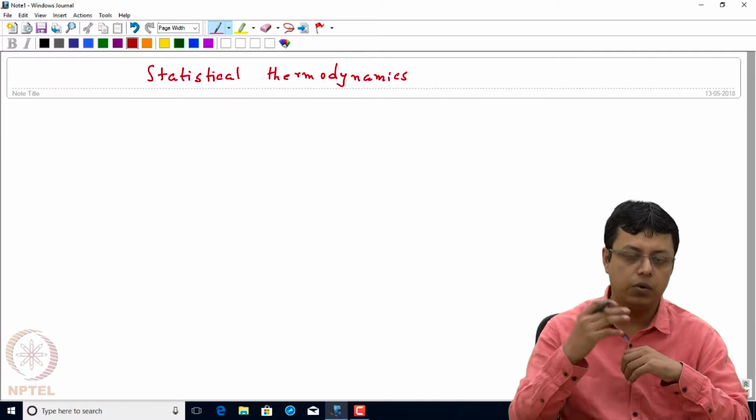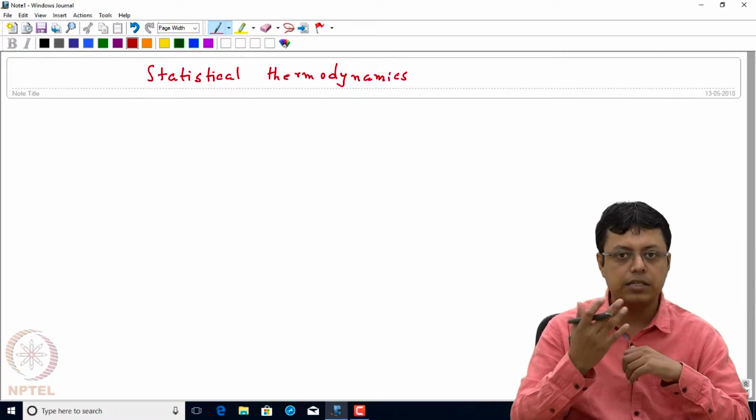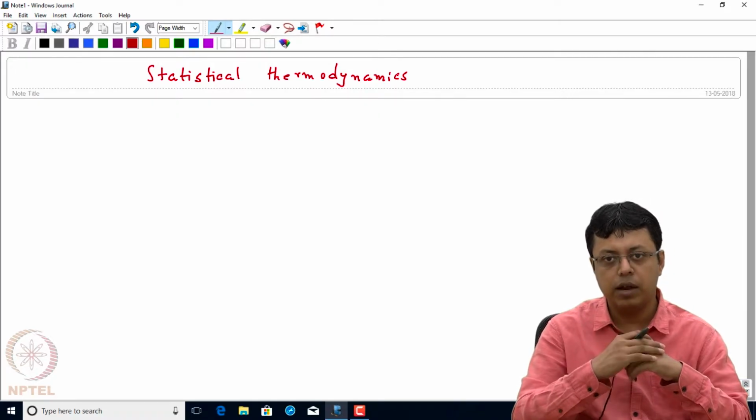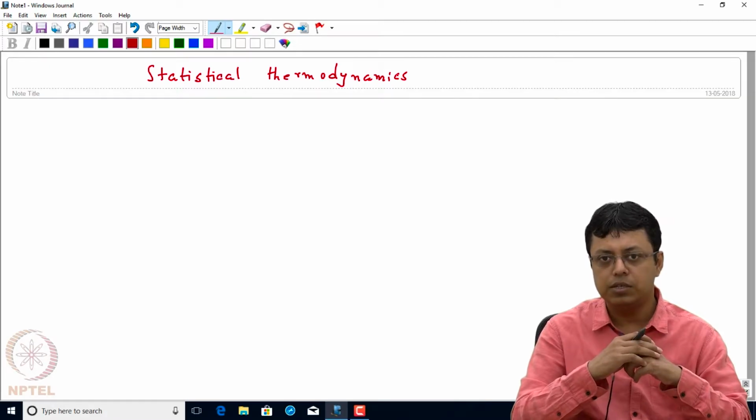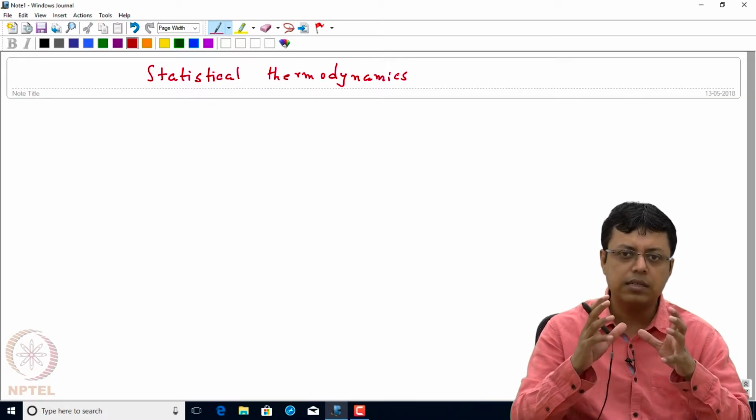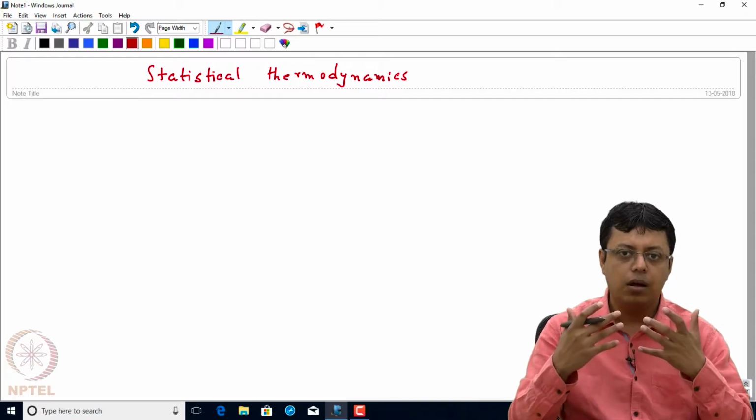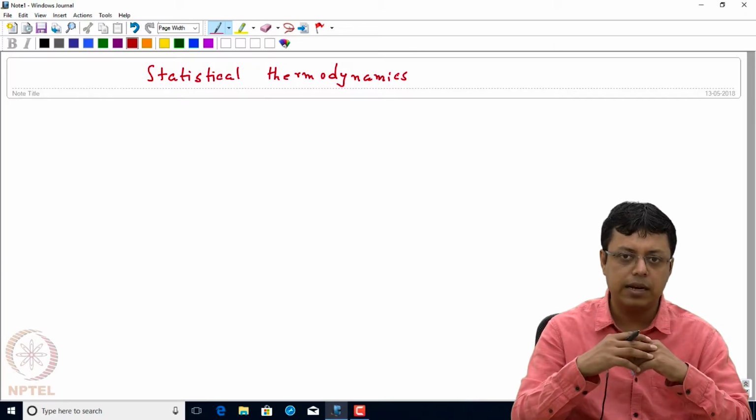You can refer to any standard textbook. For example, you can have a look at the physical chemistry textbook by Atkins. There, Atkins and De Paula have derived the Boltzmann distribution law. We just discuss the salient features and the conceptual understanding of the Boltzmann distribution.